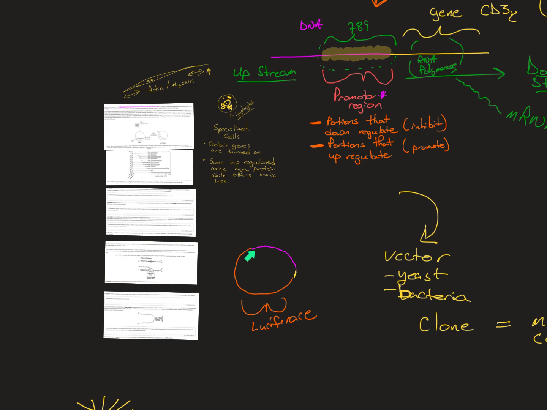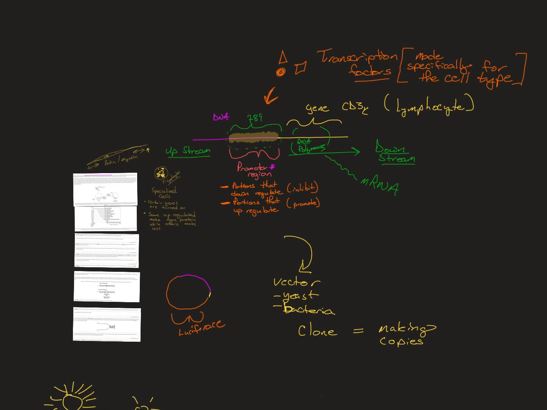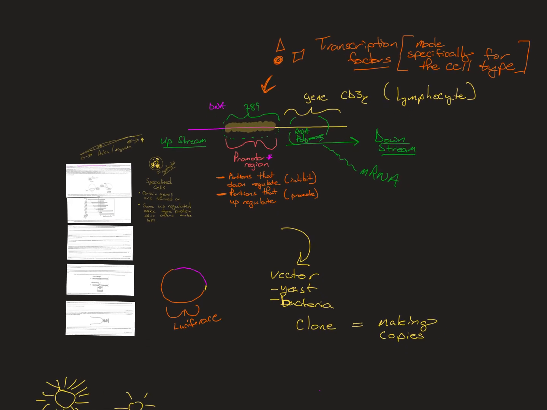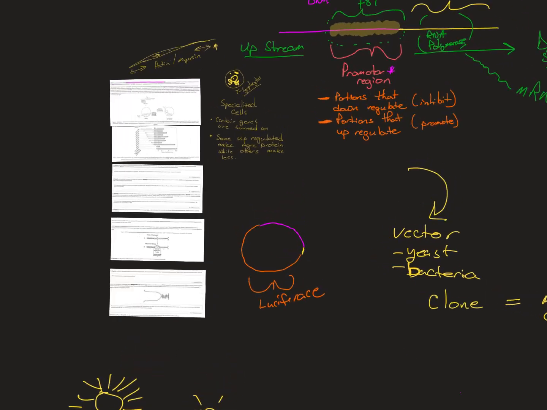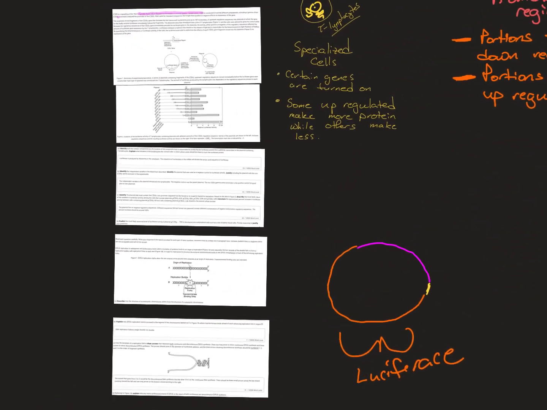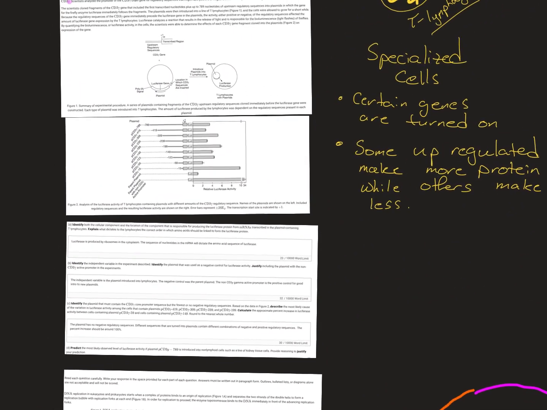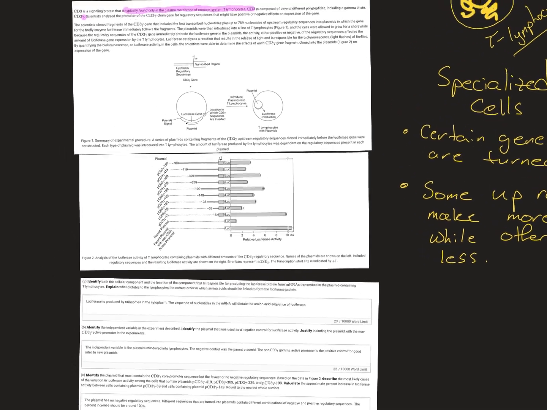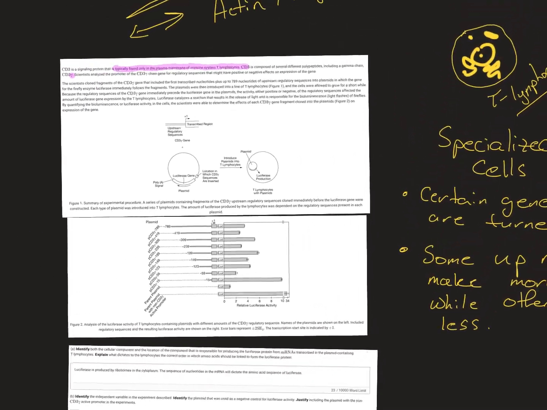Because it has the promoter region that in a T lymphocyte, you're going to find the transcription factors in the nucleus that are going to bind to the regulatory sequence and turn this luciferase on. And it's going to make a lot of protein. And the protein in this case is an enzyme that glows in the dark and makes the organism glow in the dark. All right.